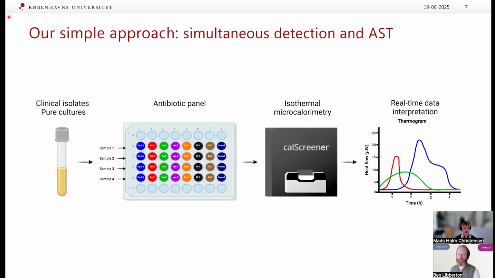So as I tried to say on my last slide, if you take something that's slow growing out and you disrupt it and you put it in some fresh media, which you would do with broth microdilution susceptibility testing, you will reactivate their growth and you will see these peak shapes of the bacteria.